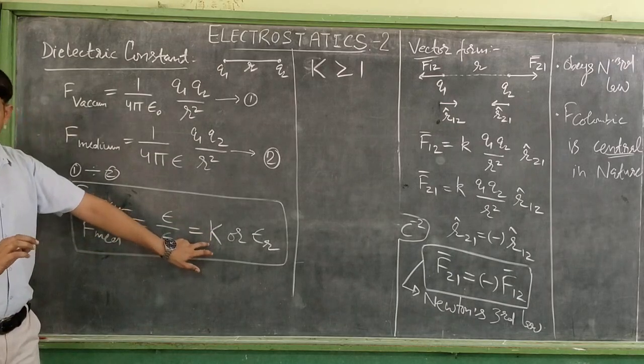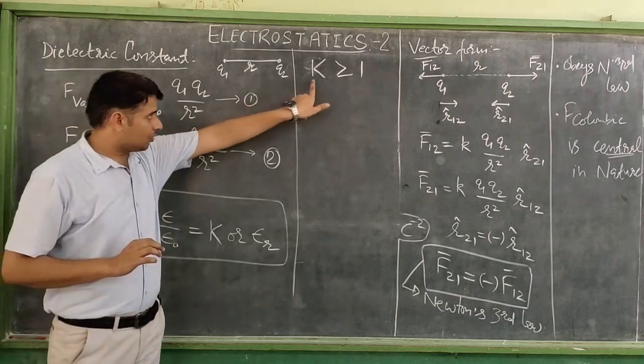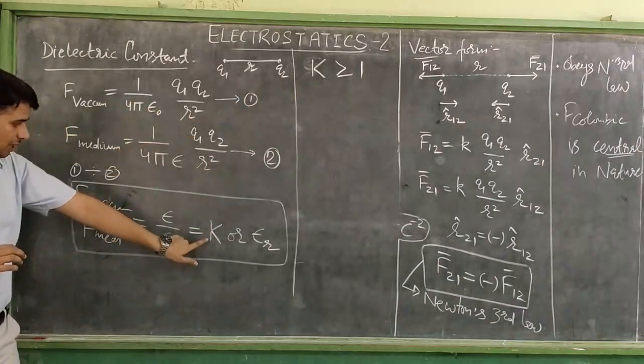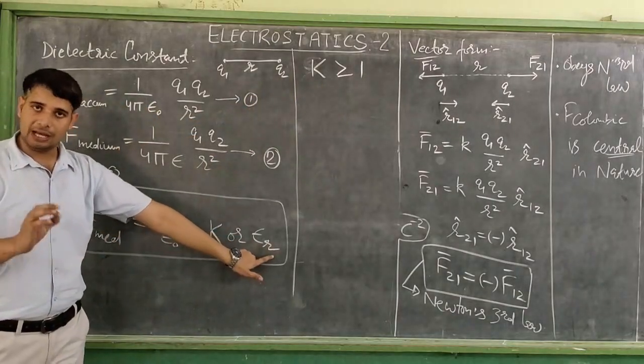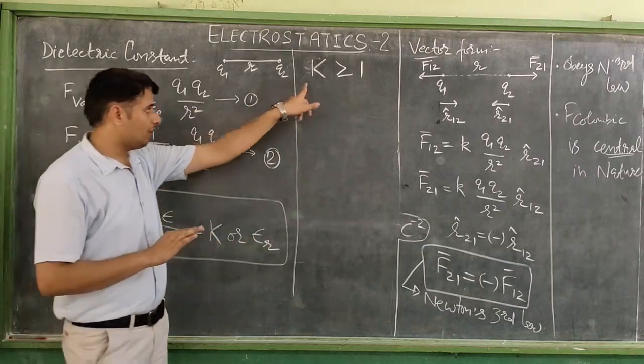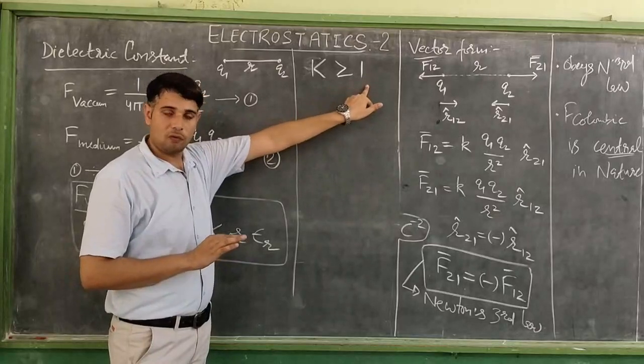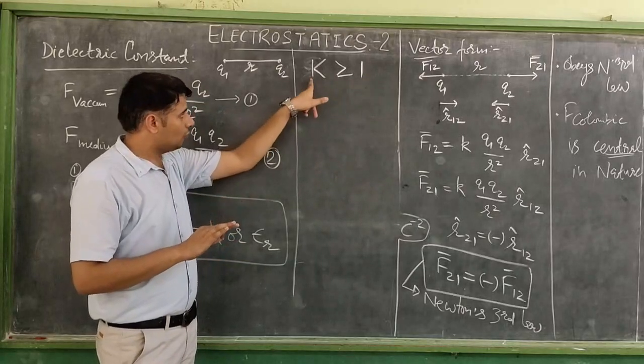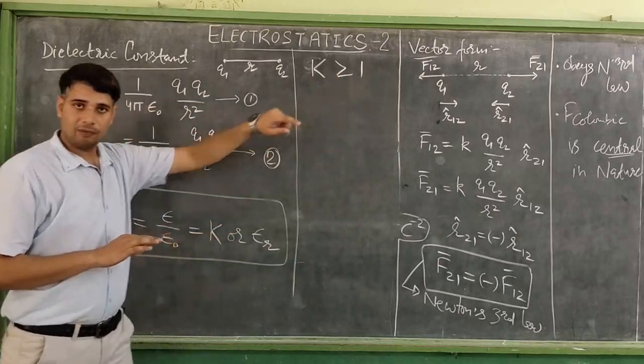So the value of dielectric constant or relative permittivity, they are the same thing, for free space or vacuum is simply equal to 1. For all other media, the value of K will always be greater than 1.